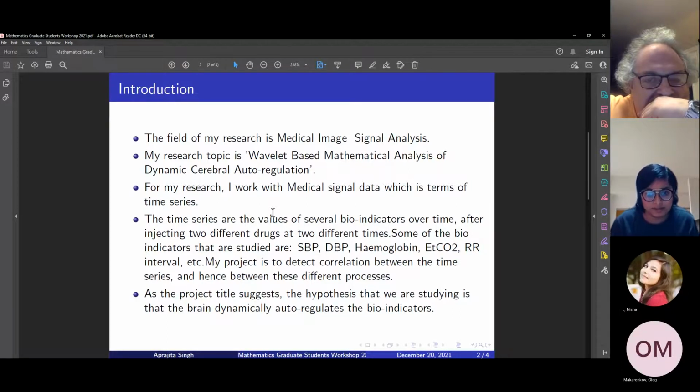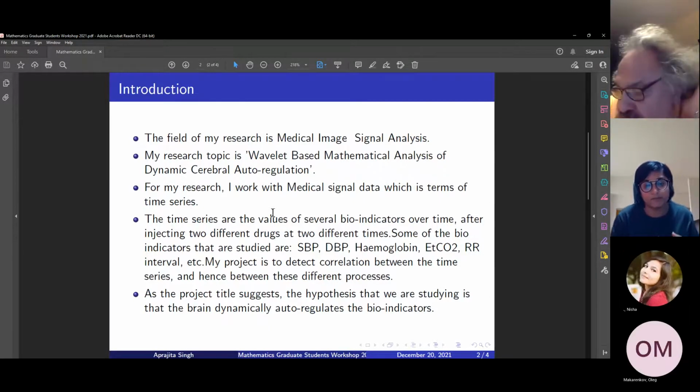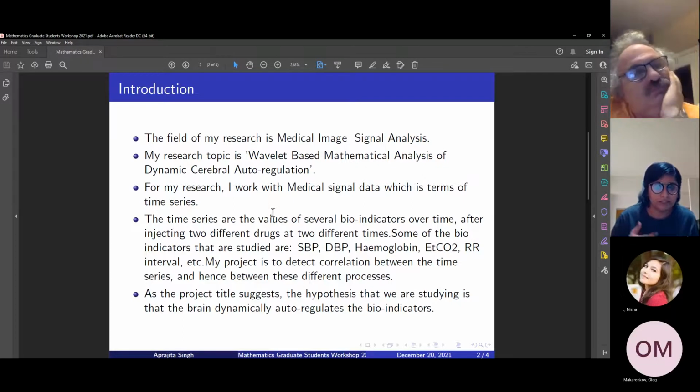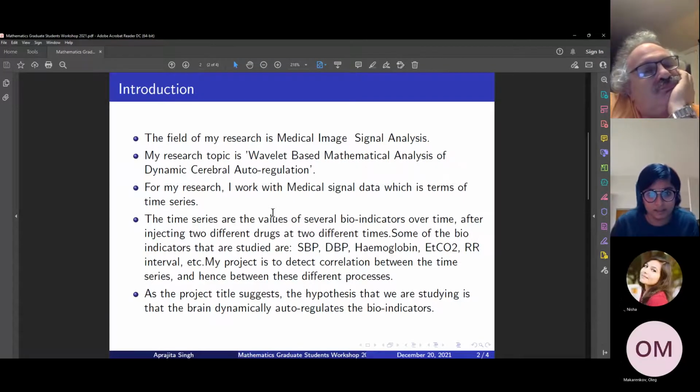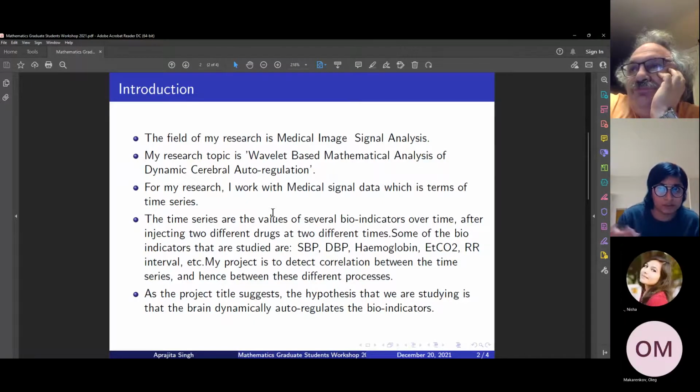Some of the bioindicators that are studied here, for example, are the SBP, which is systolic blood pressure, diastolic blood pressure, hemoglobin, EtCO2, RR intervals, etc. There are over 15 different bioindicators for which we have the time series over a period of time.